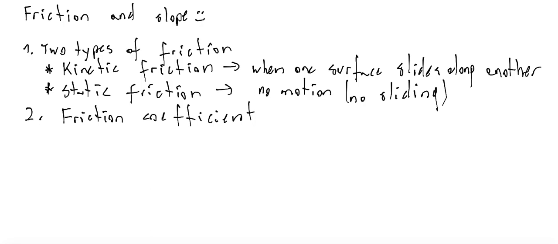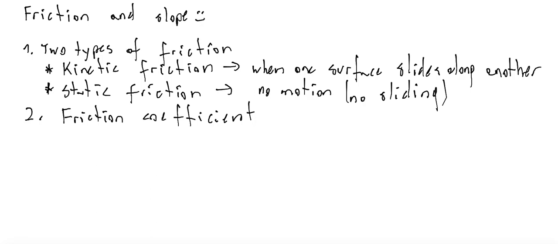A friction coefficient is a number which depends on the type of the surface. In general, if a surface is very flat, then the friction coefficient is very small. If the surface is rough, then the friction coefficient is very high. So each material, each surface has its own friction coefficient.